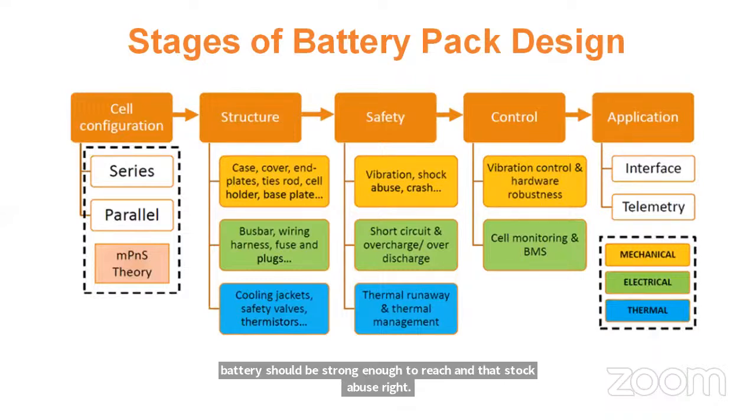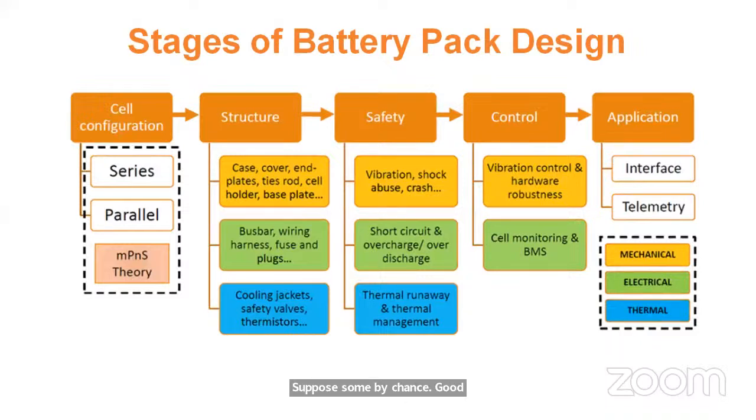Crash. Suppose by chance your vehicle gets into an accident. Okay, so obviously a crash will happen. Due to that crash, it should not impact your battery pack. Because in a lithium ion battery, if you puncture the battery, if you puncture the cell, if you crush the cell, then an explosion will happen.